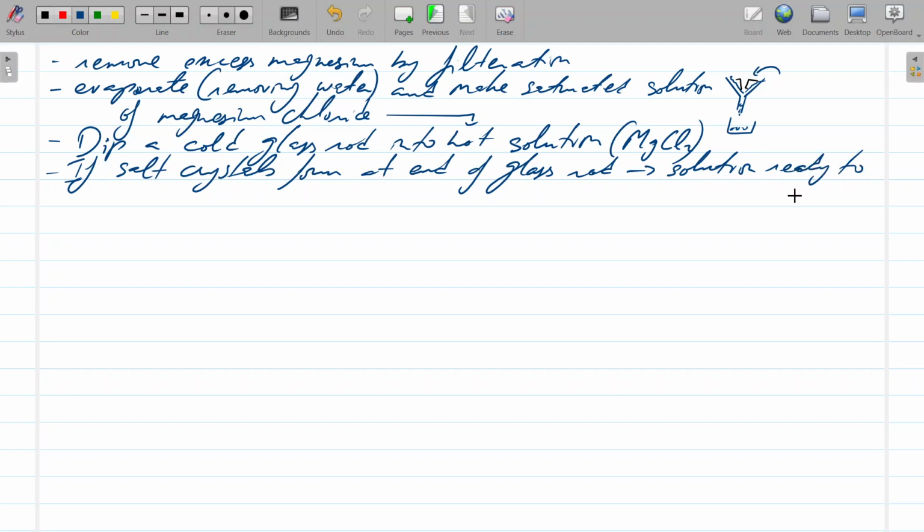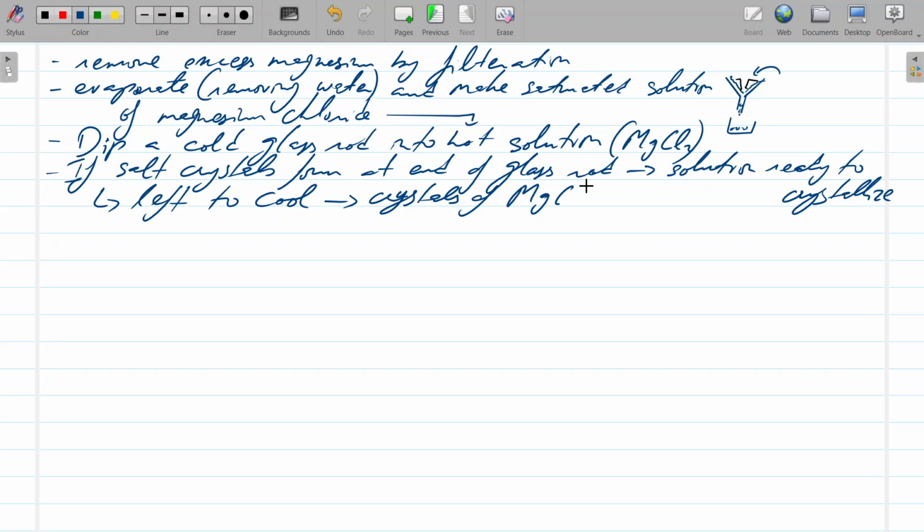So it is left to cool, and crystals of the salt form.